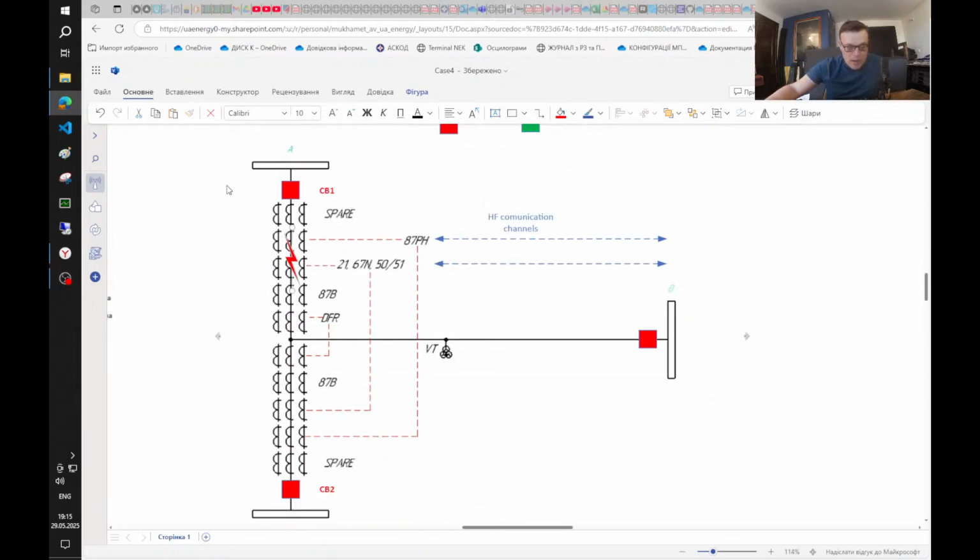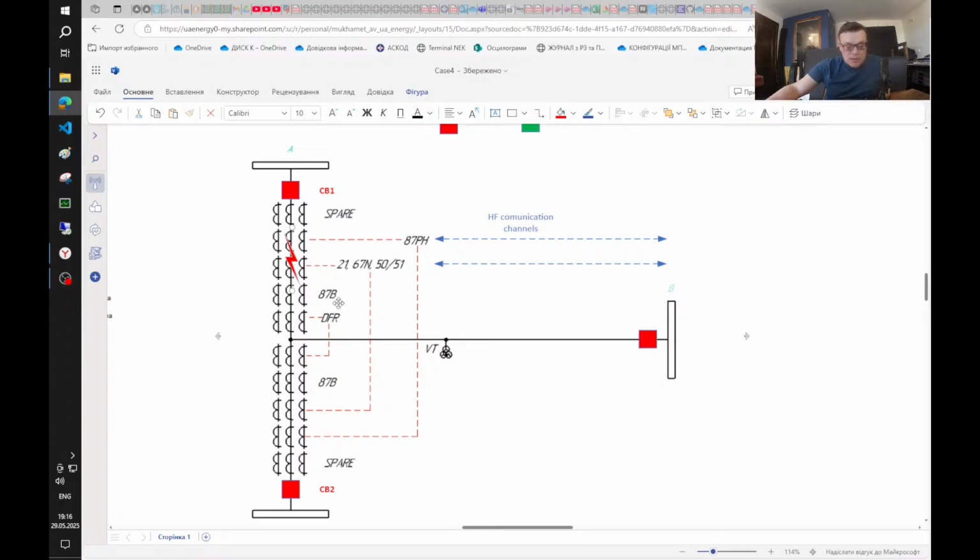On that line we have two breakers per line, two 330 kilovolt buses. The substation is connected to four 330 kilovolt lines, two autotransformers, and around 110 kilovolt lines.